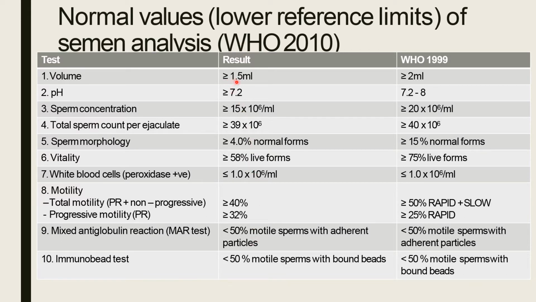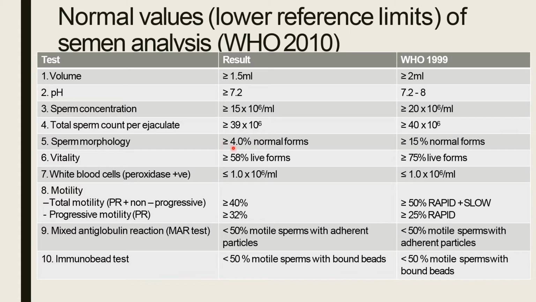That is, the semen volume should be equal to or greater than 1.5 ml. pH should be equal to or greater than 7.2. Sperm concentration should be equal to or greater than 15 million sperm per ml, and the total number of sperms per ejaculate should be equal to or greater than 39 million.